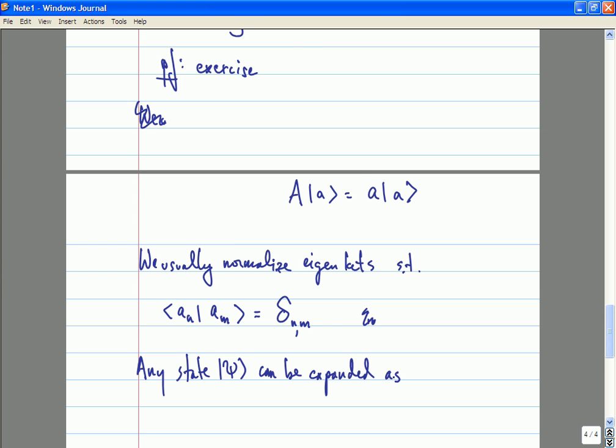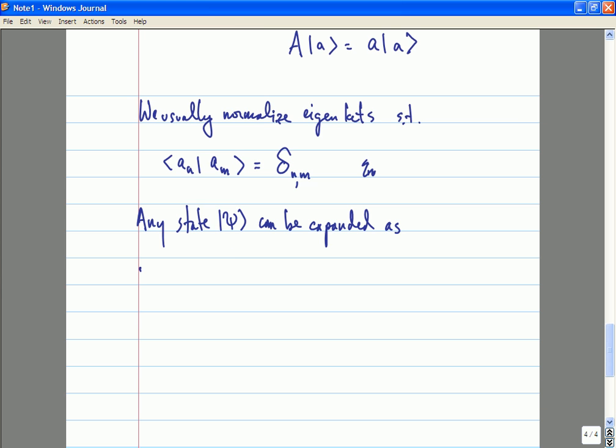So remember that one of the fundamental postulates of quantum mechanics is that the eigenstates of any operator form a complete basis for the Hilbert space, in the sense that any state psi could be expanded as a sum over those eigenstates times some coefficient.